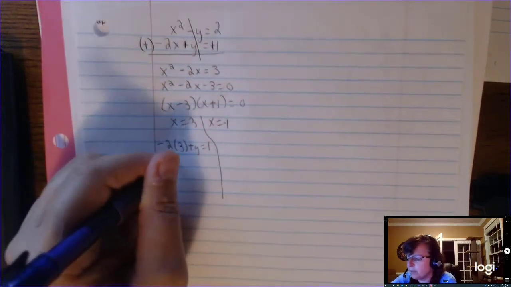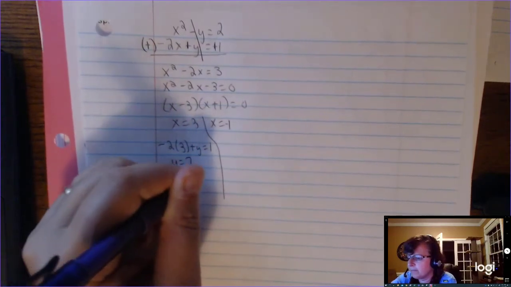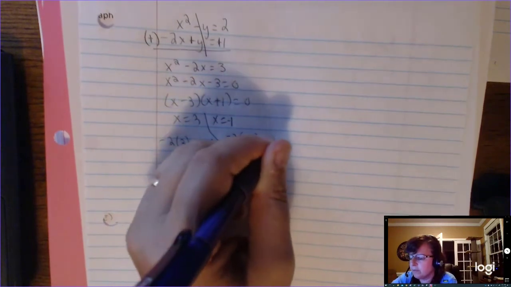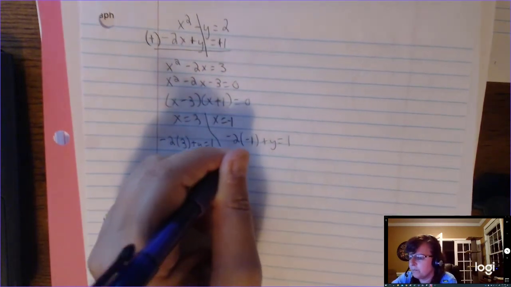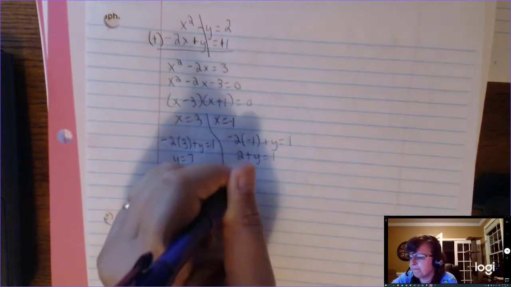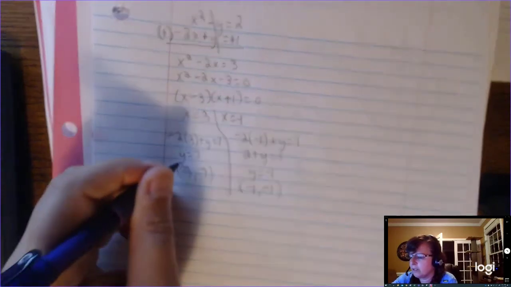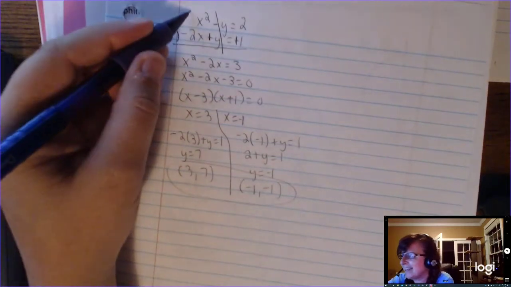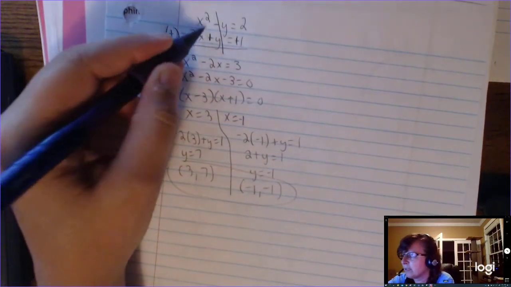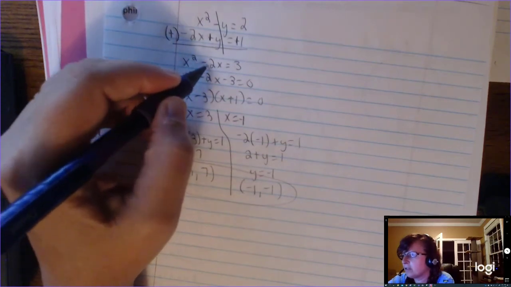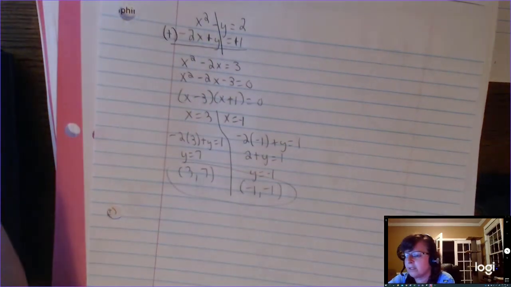That gives you y is 7, and negative 2 times negative 1 plus y equals 1, that gives you y equals negative 1. So you get the same answer, but I just wanted to show you that these are not like terms, so you can't add them together, but you can write x squared minus 2x equals 3, and then you've got the same type of problem.